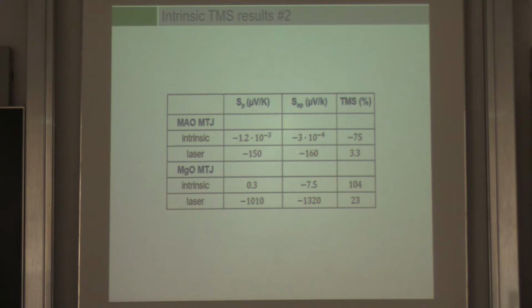And in the case of the MgO MTJ, this looks pretty similar, so we don't come close to the TMS ratio that we obtained with the laser-induced method. And what we now did is to find a different explanation for this symmetric contribution, because it doesn't really look like we have an intrinsic TMS in these kinds of samples.